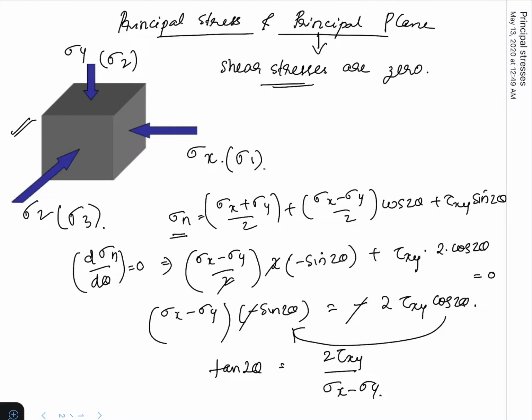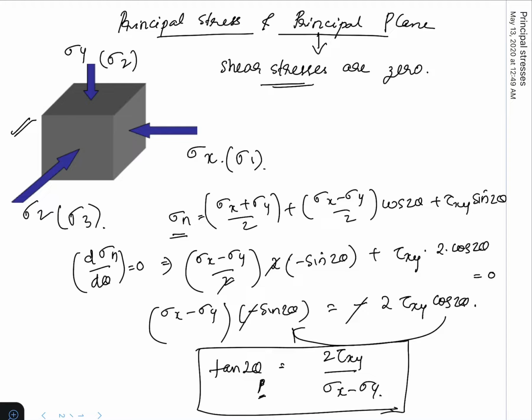So tan 2 theta is equal to this value. This is our 2 theta, the plane in which we will have principal stresses. Let us take this theta as theta p, where p represents principal planes. So tan 2 theta p equals 2 tau xy by sigma x minus sigma y.